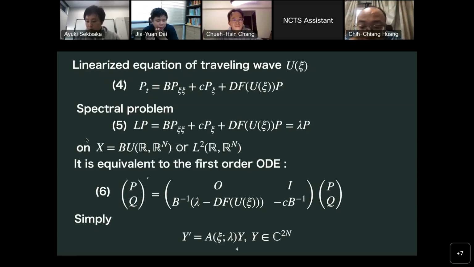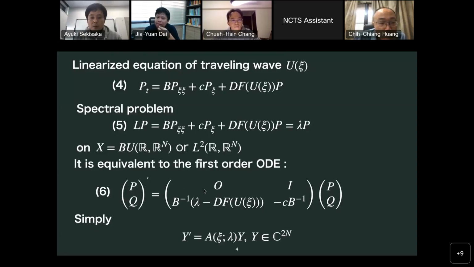In this talk, we consider this linearized operator L on the Banach space of bounded and uniformly continuous functions, or the usual L2 space. The spectral problem, equation 5, is equivalent to the first order ordinary differential equations, equation 6.